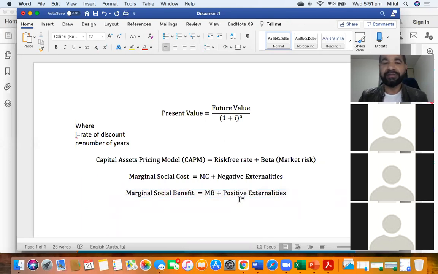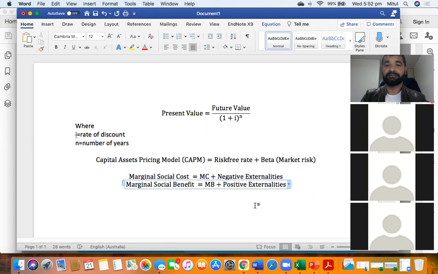When positive externality is equal to 0, marginal social benefit will be equal to marginal benefit. Negative externality equal to 0, marginal social cost will be equal to marginal cost. So we say the market is not efficient, the market fails when there are externalities.